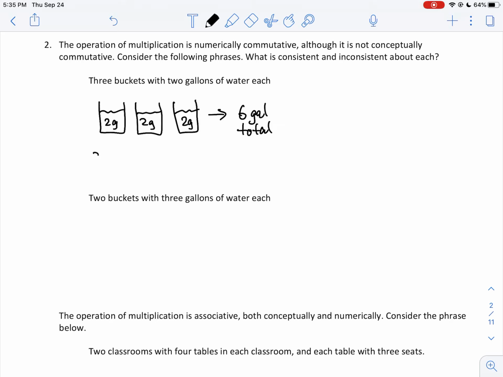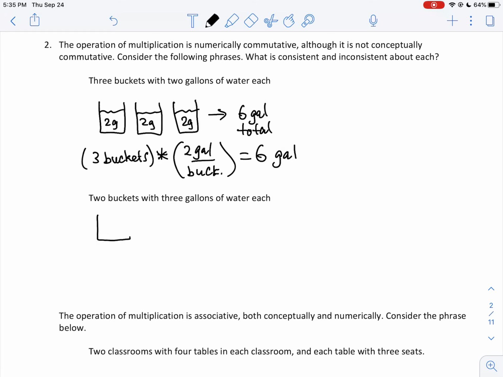This is suggesting that when we have 3 buckets, and we multiply, I'll do the asterisk this time, by 2 gallons per bucket, that we get a total of 6 gallons. Or the resulting amount is 6 gallons. In the second scenario, we have 2 buckets with 3 gallons each.